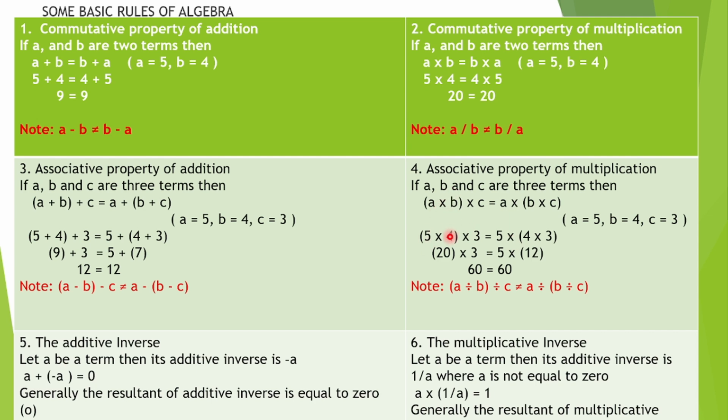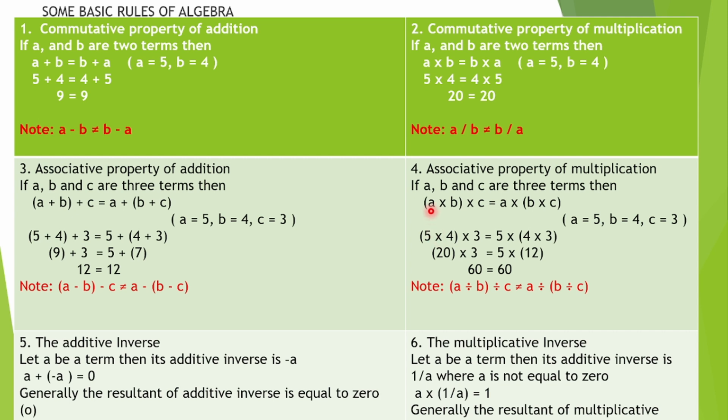So 5 fours are 20, multiplied by 3, and here 4 threes are 12, so the multiplication of this is 12 multiplied by 5. So 20 multiplied by 3 is equal to 60 and 12 multiplied by 5 is equal to 60. So the associative property of multiplication is also proved.